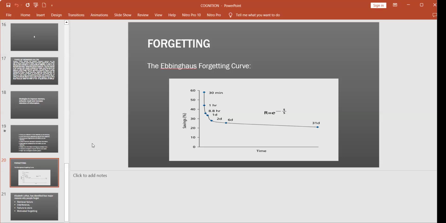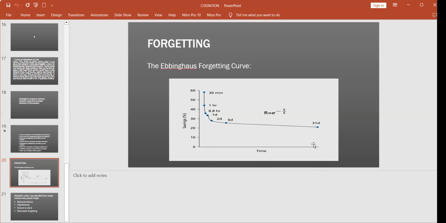Look at this curve: the y-axis, from head to toe, is remembering of information. And the x-axis, from left to right, is time spanning over 31 days.